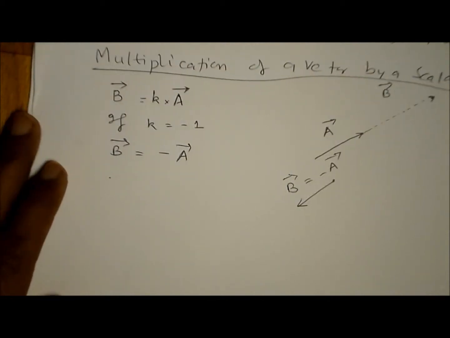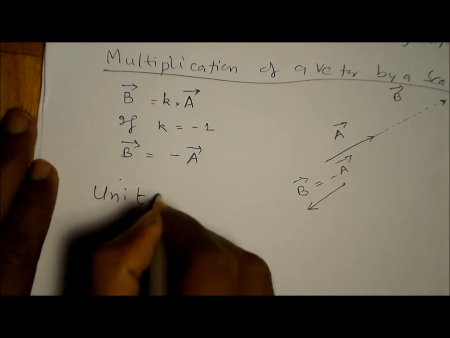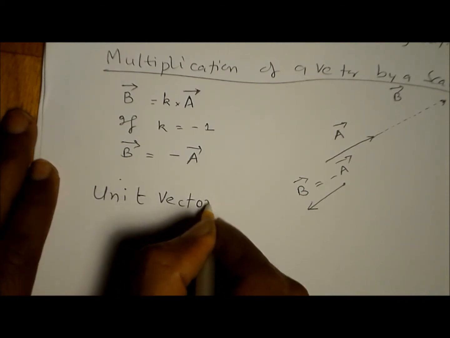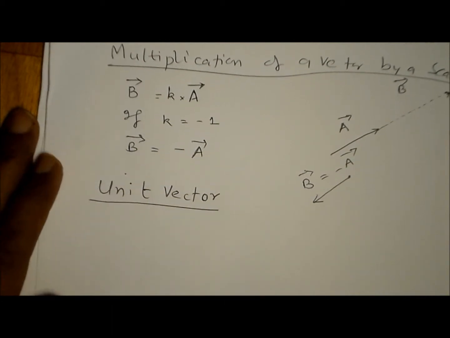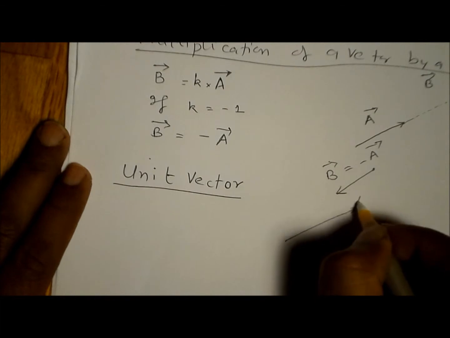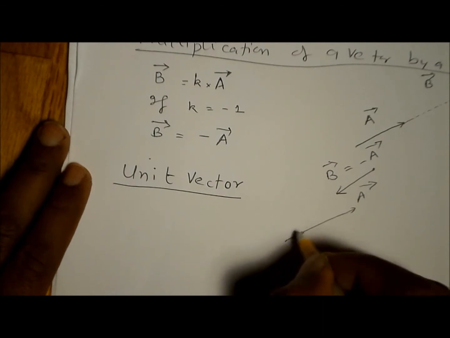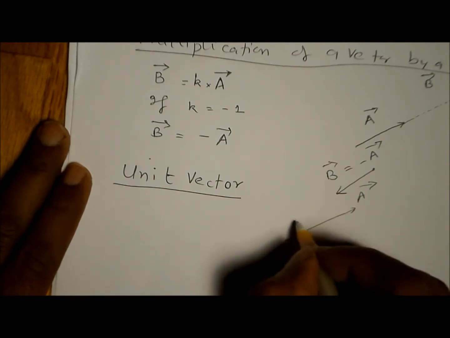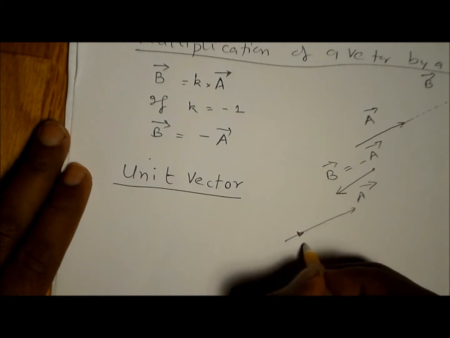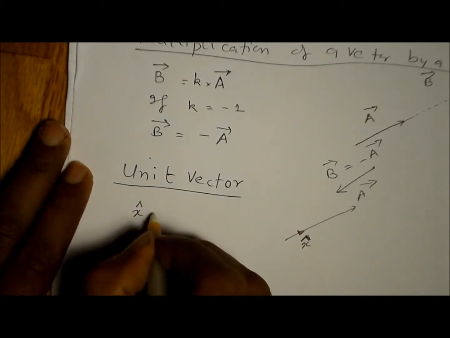Another important concept is the concept of a unit vector. We will see it later on in the context of resolving a vector, but for now, if a vector A is pointing in this direction, then a unit vector is a vector of unit magnitude pointing in the direction of A. A unit vector is usually denoted like a with a hat.